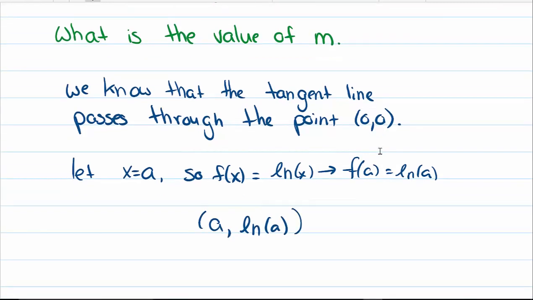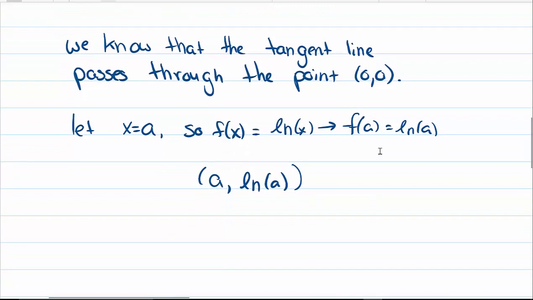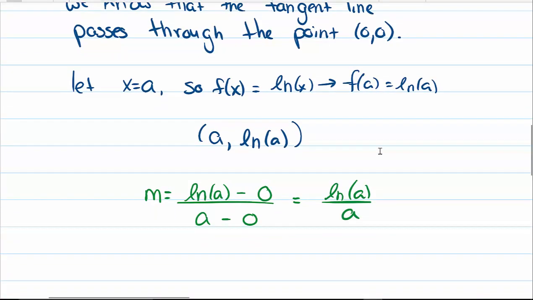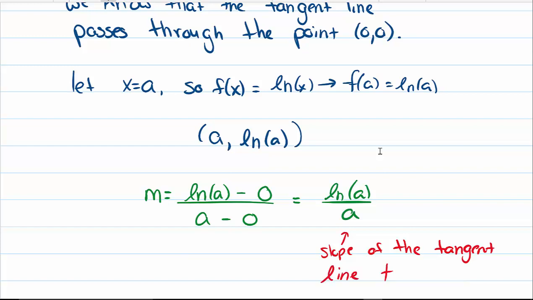Well, now I have 2 points, so I can find slope. So m is equal to ln of a, which is y2, minus 0, y1, divided by a minus 0, x2 and x1. So you get the slope is equal to ln of a divided by a. So this is the slope of the tangent line through the origin.